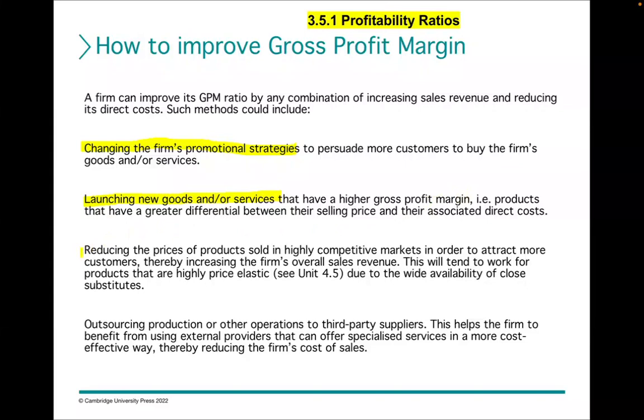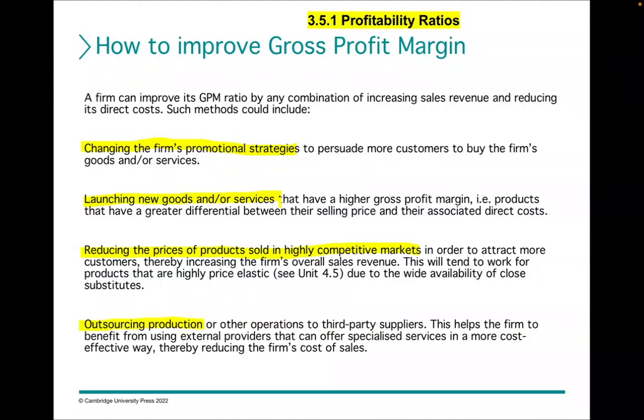Reducing the prices of products sold in highly competitive markets in order to attract more customers. Outsourcing production in order to reduce the costs, giving it to other operations or third party suppliers, which again reduces the cost.